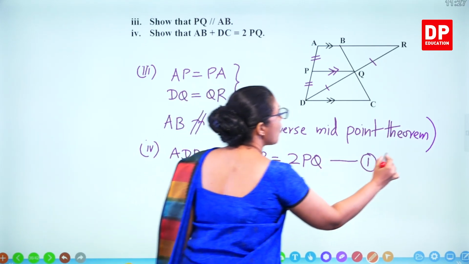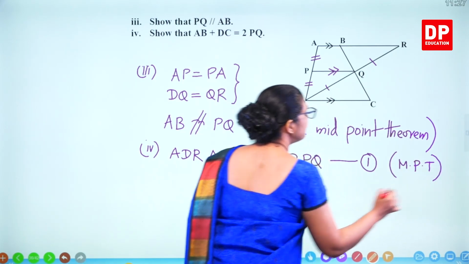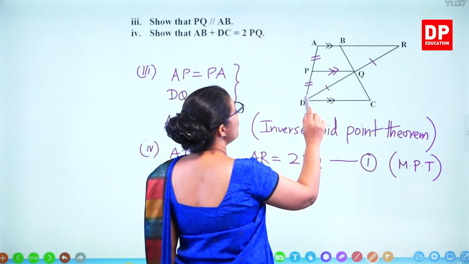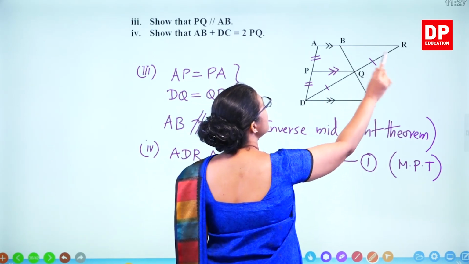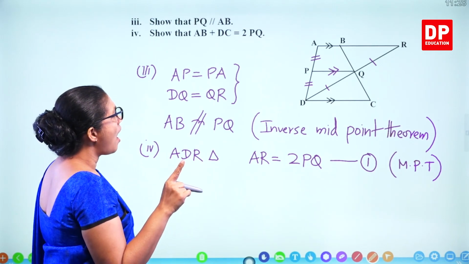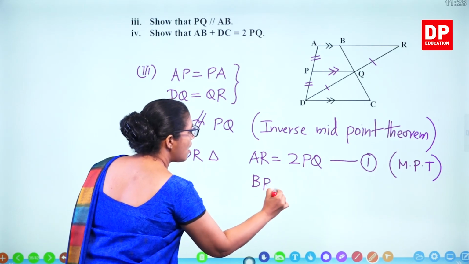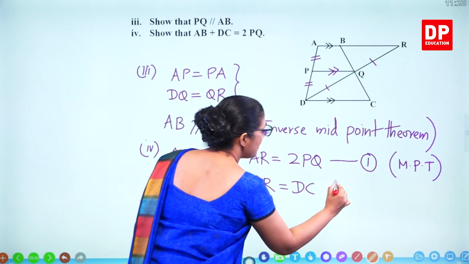That's according to midpoint theorem. Now we know this length and this length both are equal from the previous part. BR equals DC, that's proved.